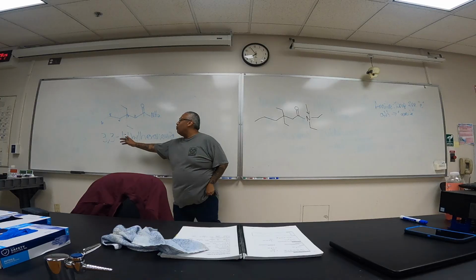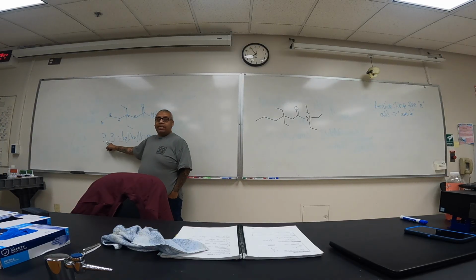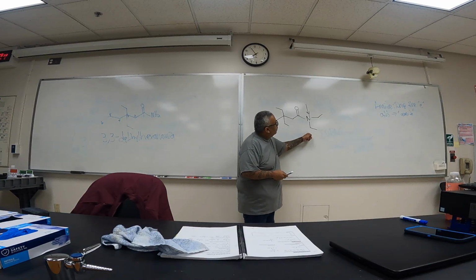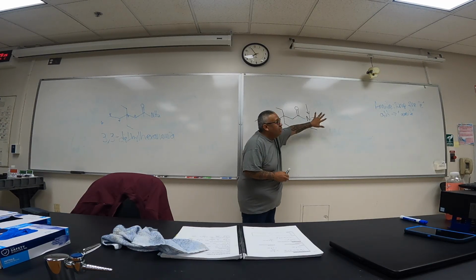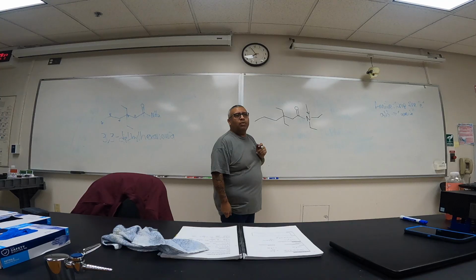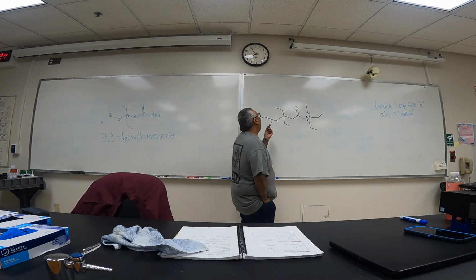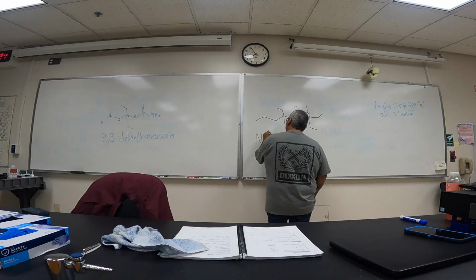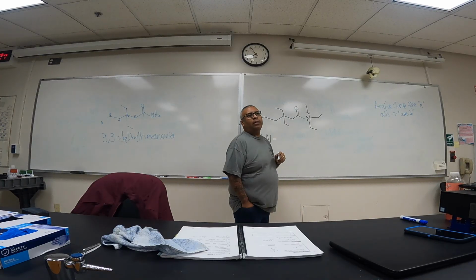And again here, remember you said 3,3 because both of them are on carbon number 3. So what do you think we can do with this? We're going to start with this part here first. What do you think we could write? Would it be N? I like it. N, comma, N, and then what would we write?